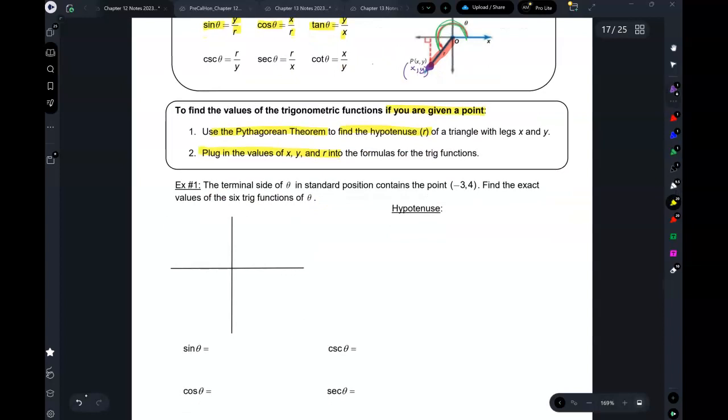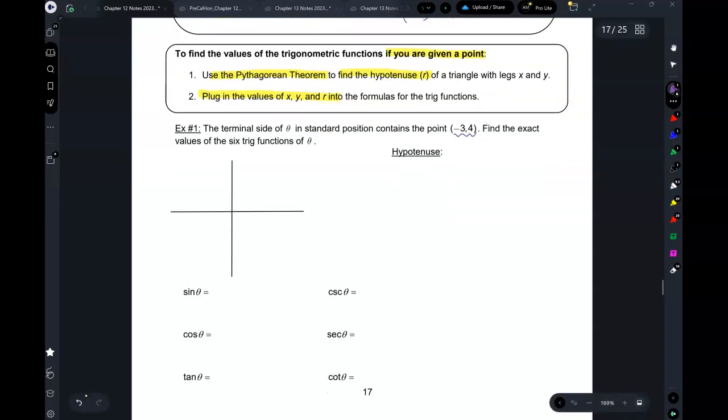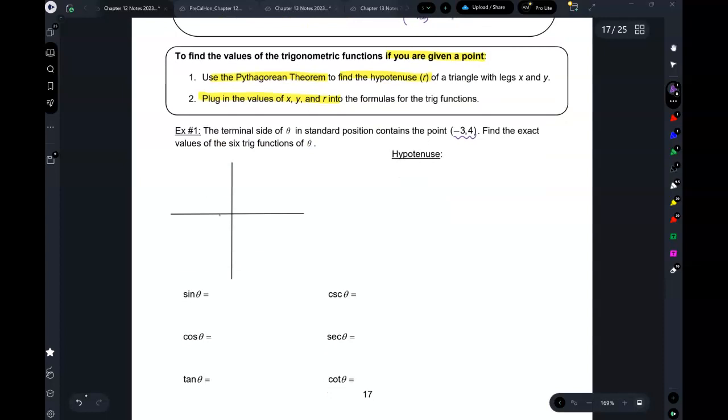Okay, so let's do this one. The terminal side of an angle theta in standard position contains the point negative 3 comma 4. So why don't we just draw that? Negative 3 comma 4. That's that point, right? So I have an angle, and it contains that point right there.